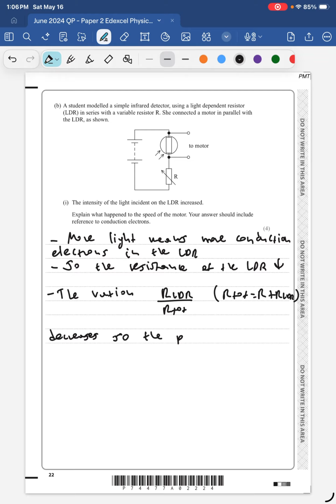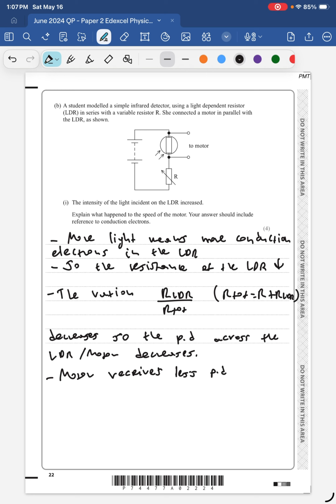So the potential difference across the LDR and the motor decreases. Okay, so this means that the motor receives less potential difference, so its speed decreases. And that's the answer.